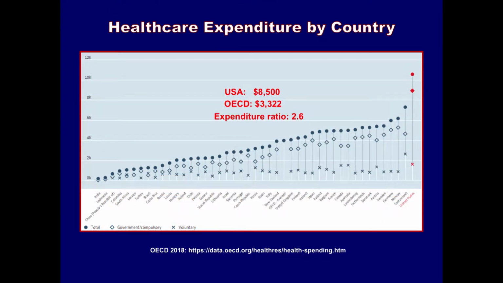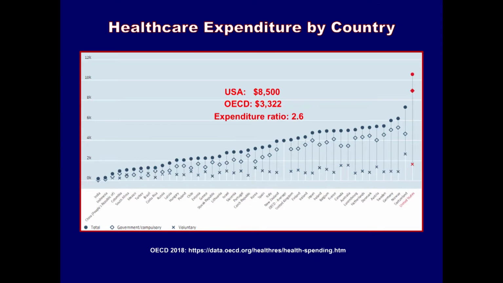So we live less than the rest of the world, and we spend more than the rest of the world, right? If you look at the OECD countries, that is the Organization for Economic Cooperation and Development countries, you see that the United States is somewhere around here. We spend a lot of dollars per GDP.